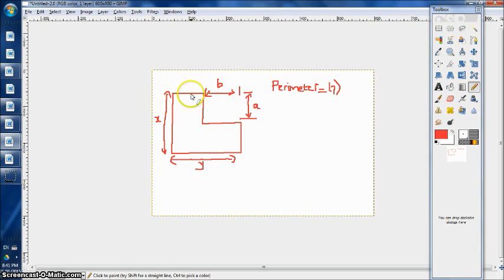So basically, I'm going to add up all these variables to find my perimeter.